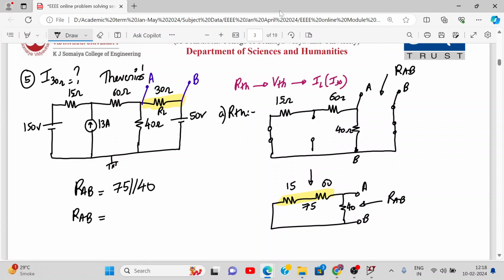The answer will be less than 40. 75 into 40 divided by 75 plus 40 is 26.0869 ohms. Yeah, that's the answer.